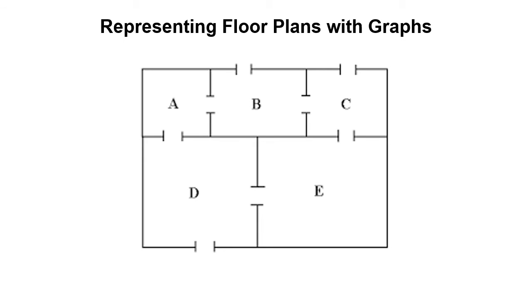We can represent floor plans with graphs. We're going to represent the rooms with vertices. Also, the outside would be represented with a vertex. Now, if two rooms share a common door, we can draw an edge between these two vertices.